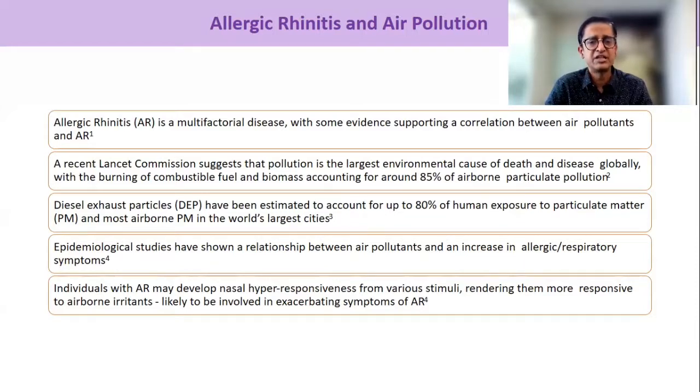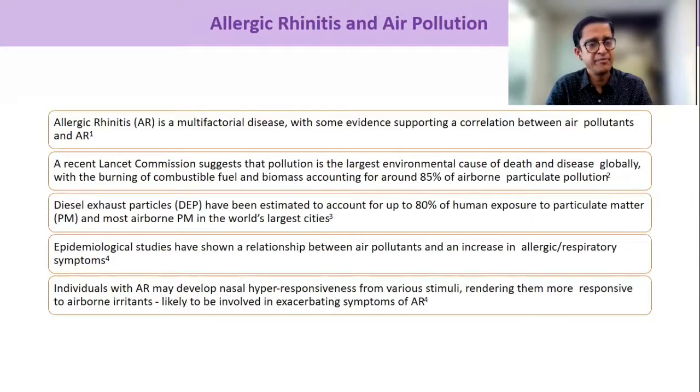Diesel exhaust has been estimated to account for 80% of human exposure to particulate matter. And the level of PM is unfortunately the highest in the largest of cities. So the greater the size of the metro, the greater the chance that the PM2.5 is highest, and hence the airborne particulate matter density is the highest.